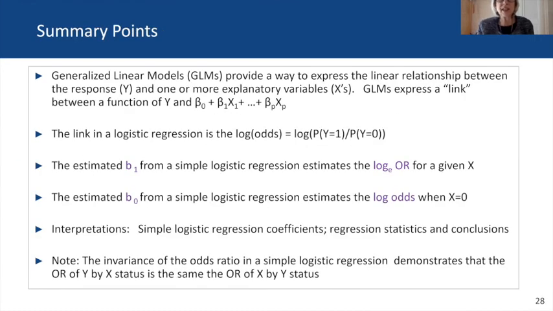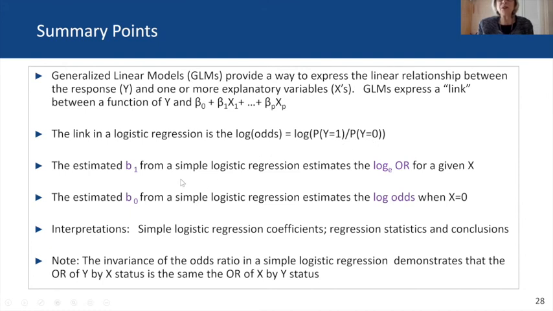So lastly, in summary, we saw that generalized linear models provide a way to express the linear relationship between a response Y and one or more explanatory variables. So there's a link between the expected value of Y and the straight line relationship. In logistic regression, the link is taking the log odds. In other words, the log of the probability that Y equals 1 divided by the probability that Y equals 0.